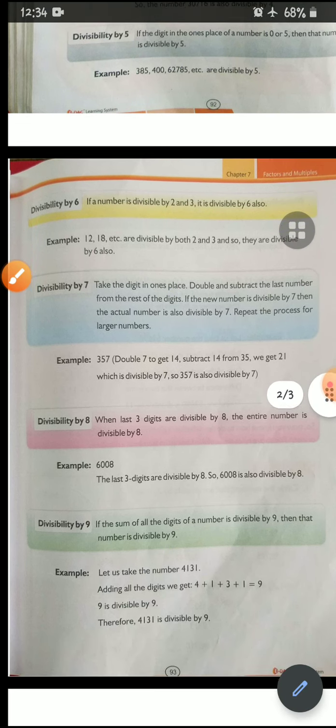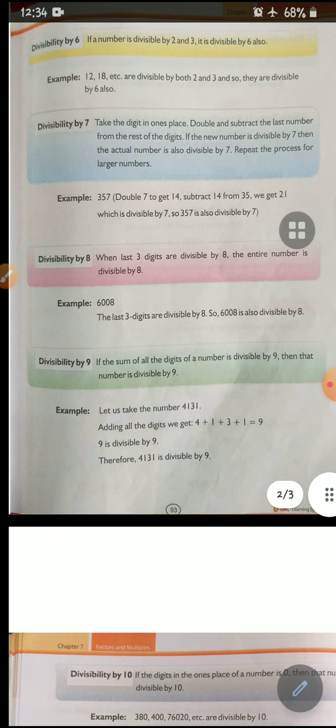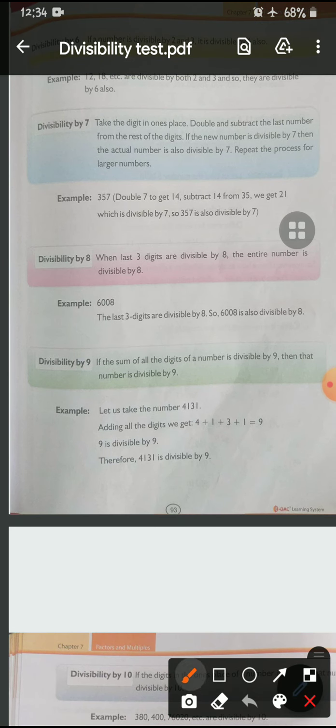Now, divisibility by 8. Dear students, in the divisibility by 8, first you have to take the last 3 digits. If the last 3 digits are divisible by 8, the entire number is divisible by 8. If your last 3 digits, the digits at your hundreds place, tens place and ones place, form a number that is divisible by 8, it means the whole number is divisible by 8.